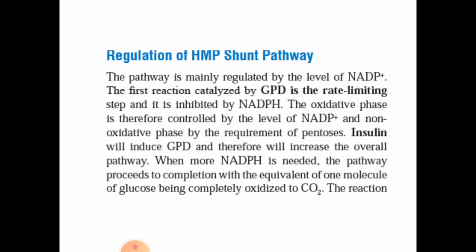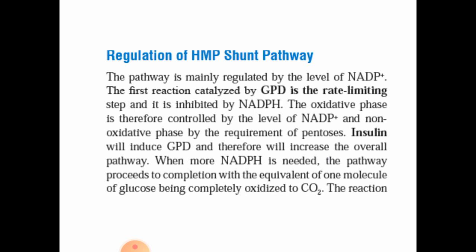Next you need to write about the regulation of HMP shunt pathway. The first step is the rate limiting step, catalyzed by G6PD. The pathway is mainly regulated by the level of NADP. The first reaction catalyzed by G6PD is a rate limiting step and is inhibited by the presence of NADPH.